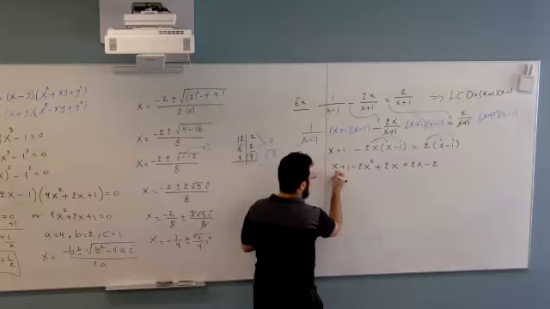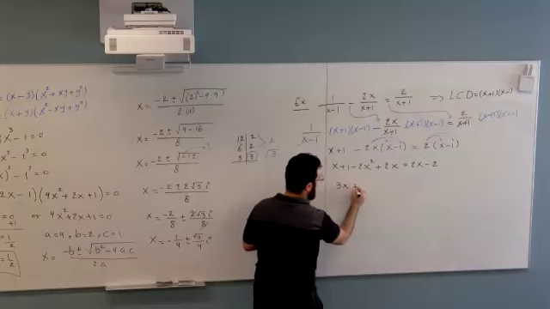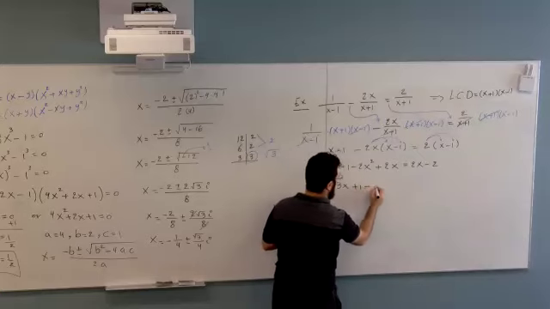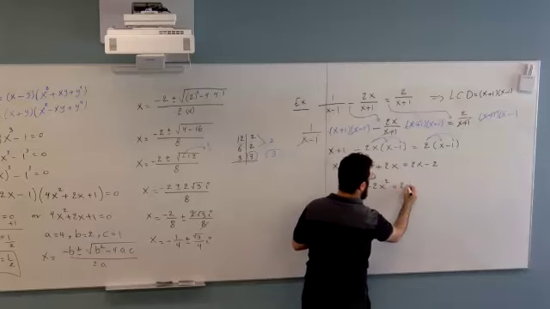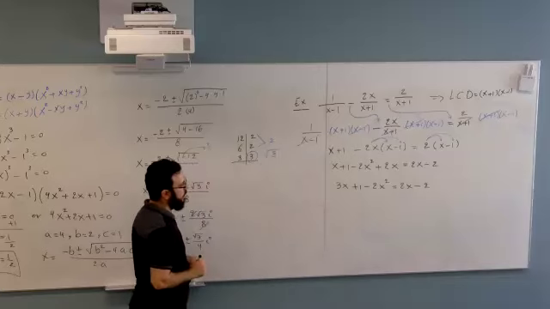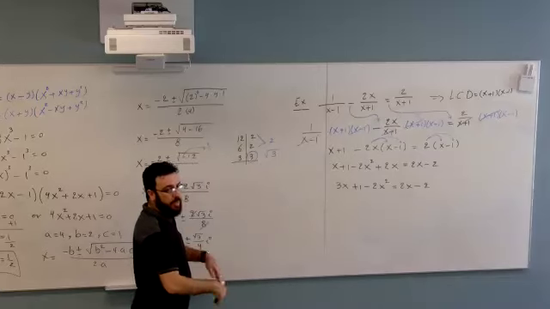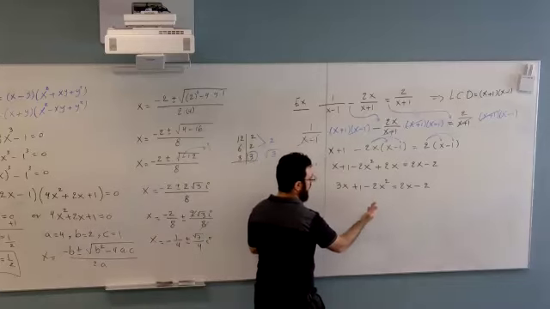I have x with 2x, 3x plus 1, don't forget the 1 here, minus 2x squared equals 2x minus 2. Now tell me what I have to do next. You want to move which one? The whole thing.